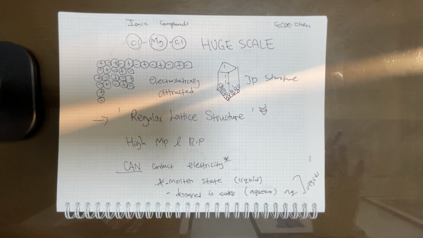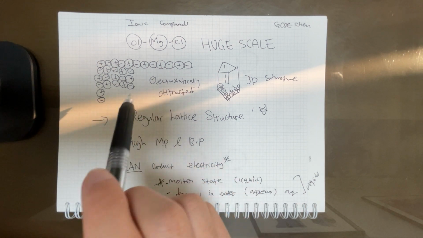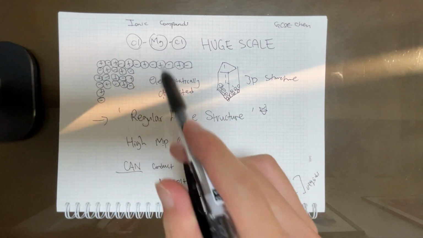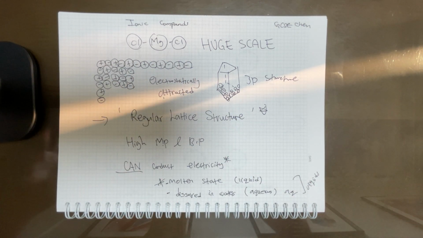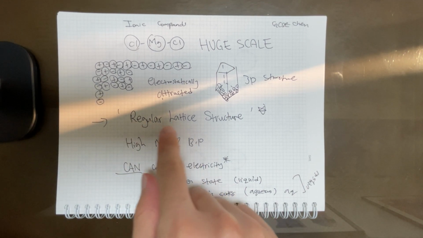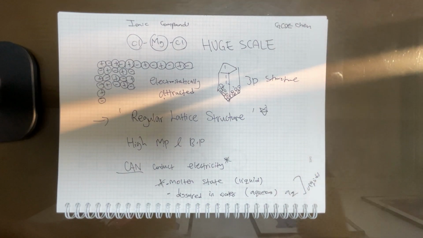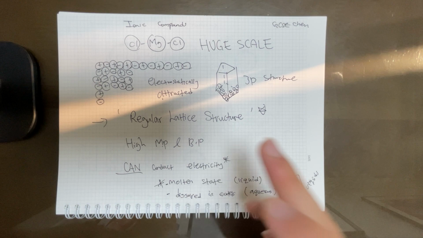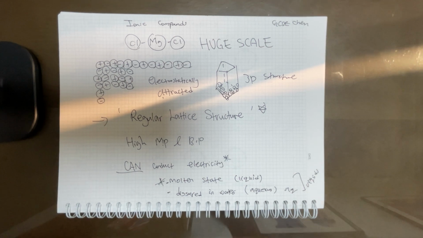But for now, ionic compounds occur on a huge scale. I'll just summarize what we've done so far. Positive and negative charges are electrostatically attracted to each other, and they form huge 3D structures. They're not just small-scale chemical reactions. They happen on a huge 3D scale, forming a regular lattice structure because they're regularly arranged, right? This leads to a high melting and boiling point because they're ionically bonded together, so a lot of energy is required to break down the bonds.